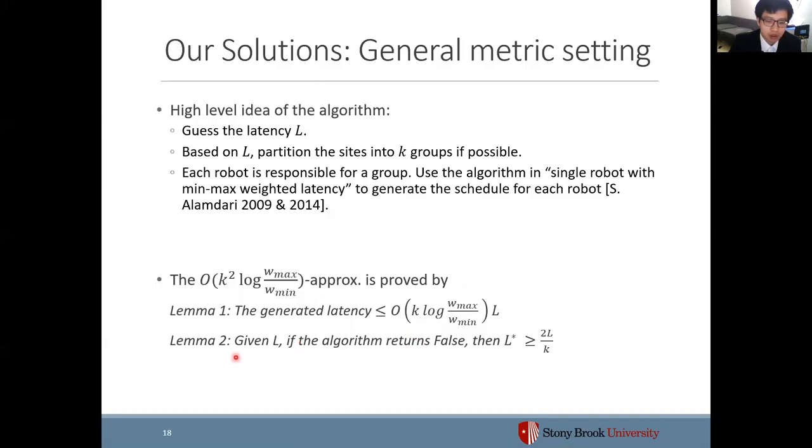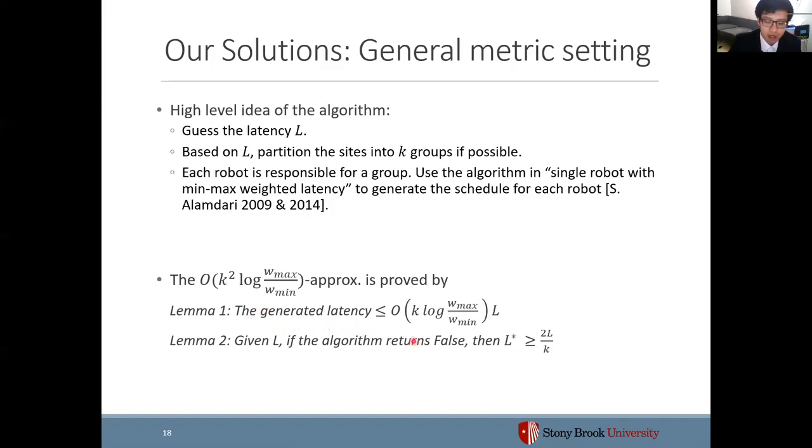And lemma 2 shows that L is not far from the optimal, which means the optimal latency L star must be larger than 2L by k. We combine these two and we have this approximation factor.